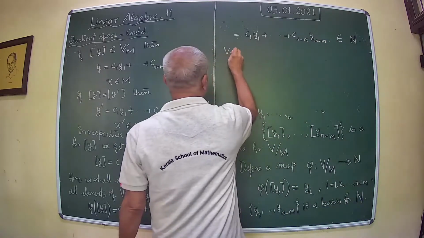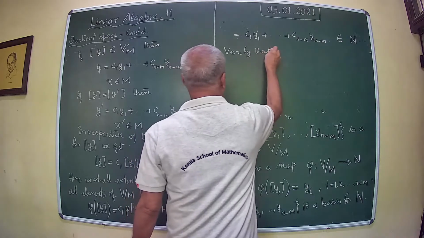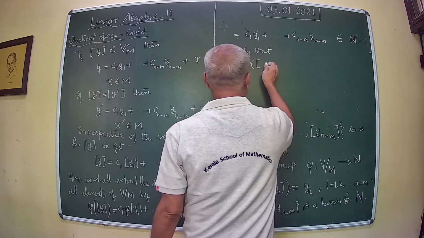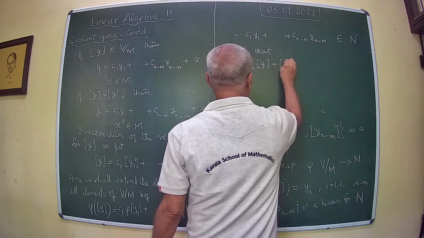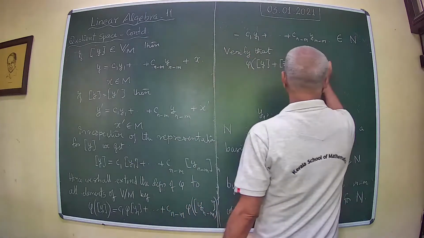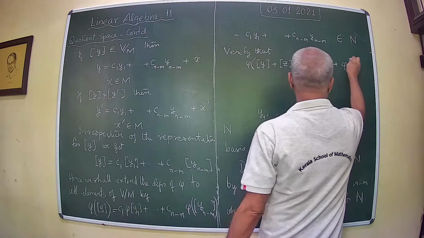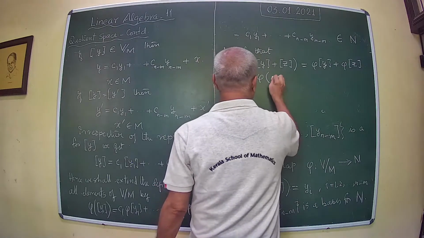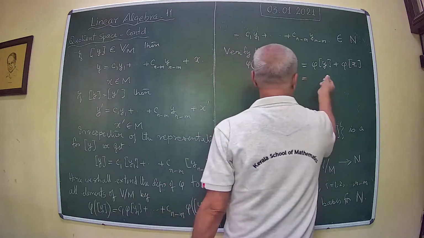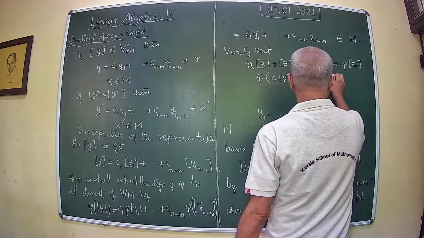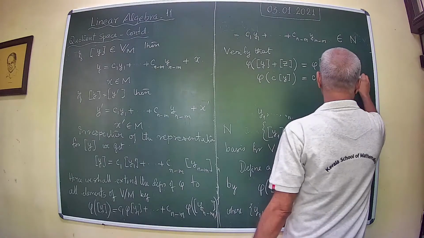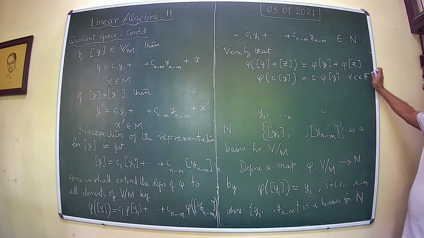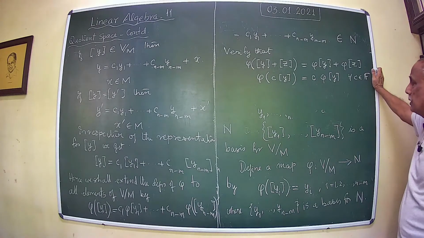Now verify that phi of the sum is the sum of phi. This is routine. Okay.